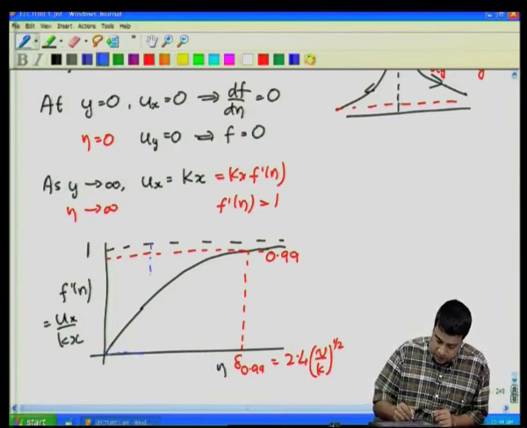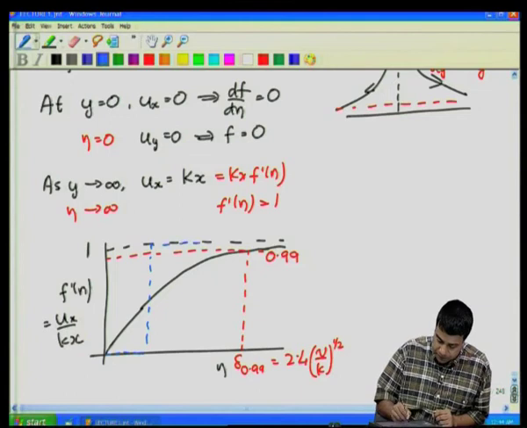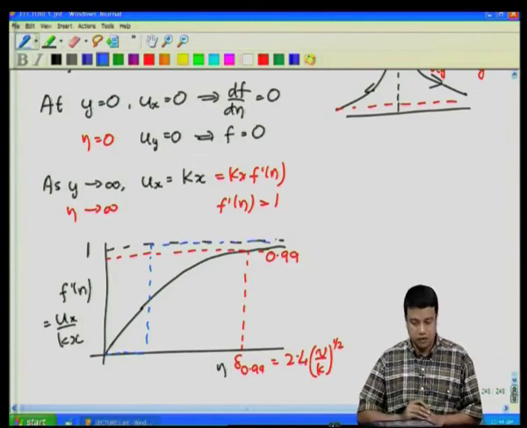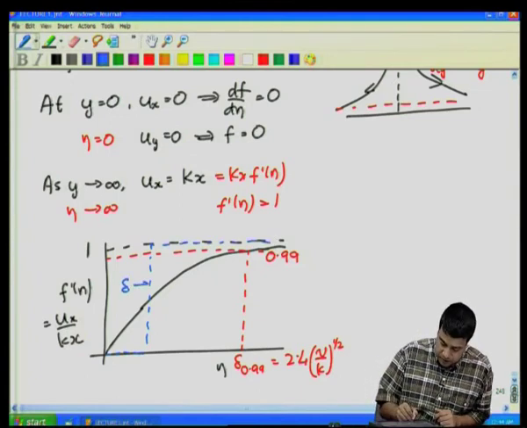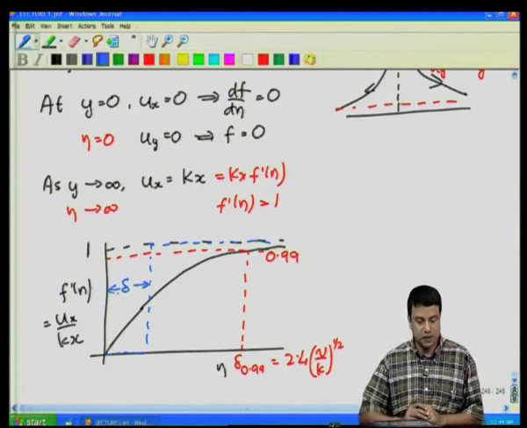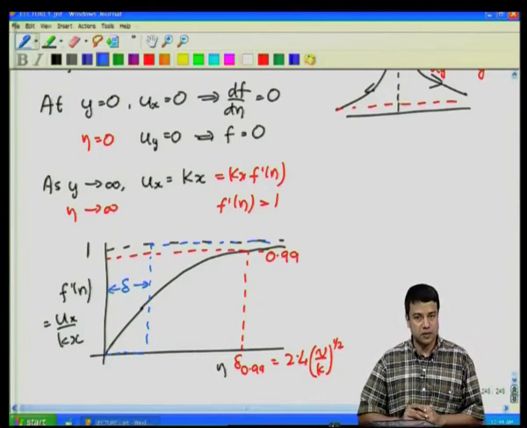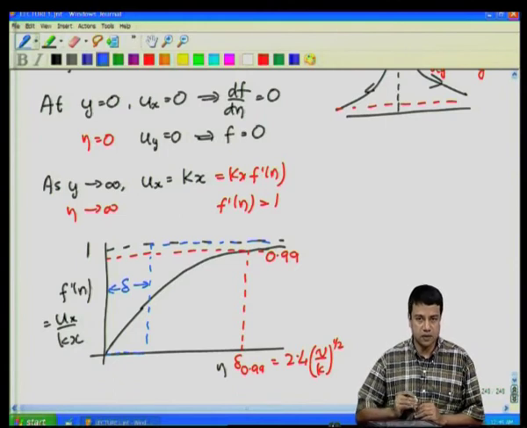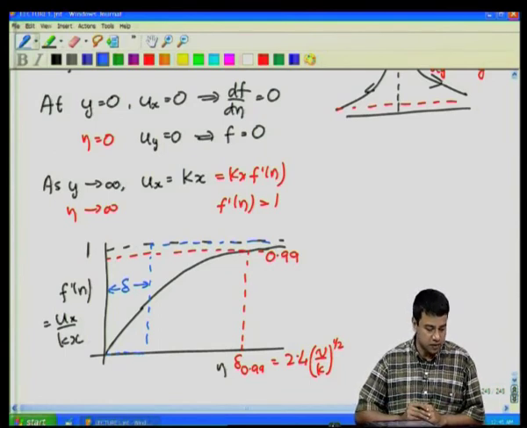How much do you need to displace this boundary layer by? What is the displacement thickness by which you need to displace the boundary layer in order to get the exact same flow rate as you got for the potential flow? That is, if I displace the potential flow by a constant thickness, how much would I have to displace it by in order to get the same flow rate that I am getting in the boundary layer?